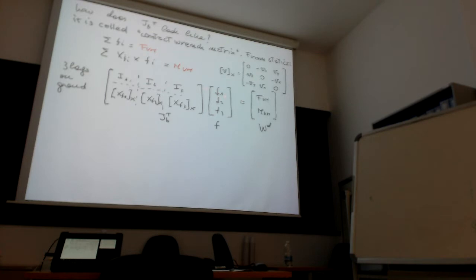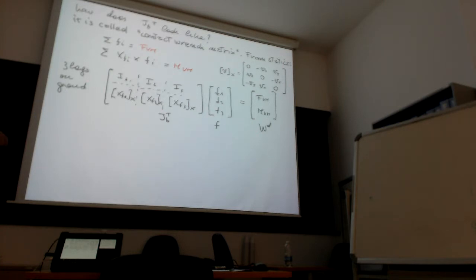The contact forces sum up to F_VM and the moments of each force sum up to M_VM. This is the J_B transpose matrix, and it maps contact forces into the desired wrench.